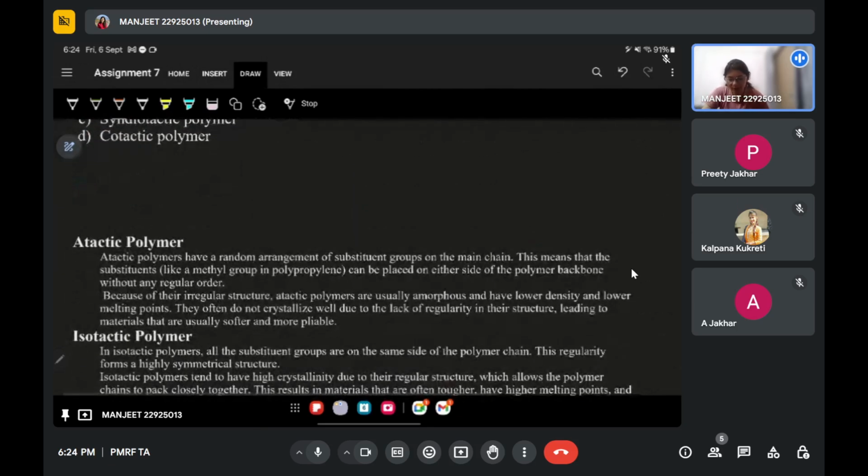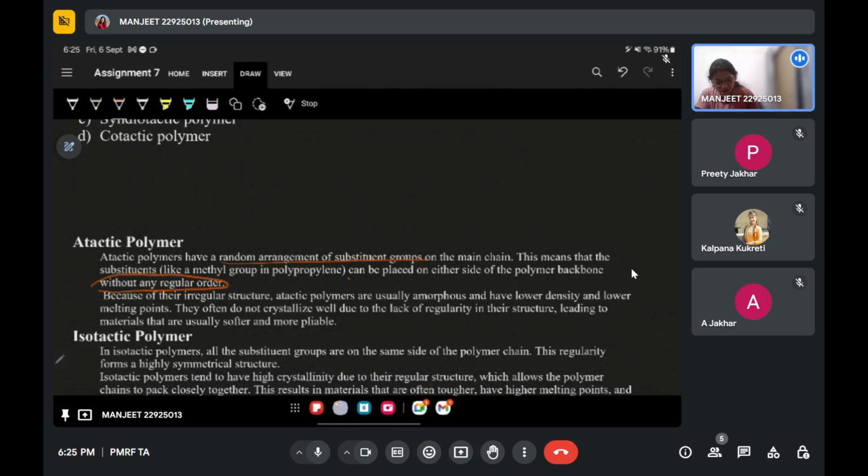As I already discussed, atactic polymer has the random arrangement of the substituent groups on the main chain. The substituent, like the methyl group in polypropylene, can be placed on either side of the polymer backbone without any regular order.